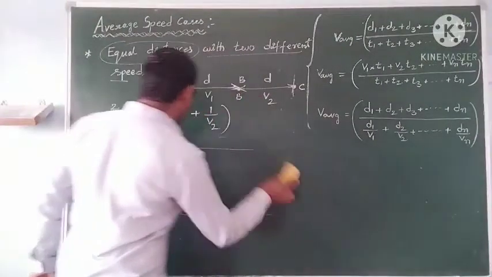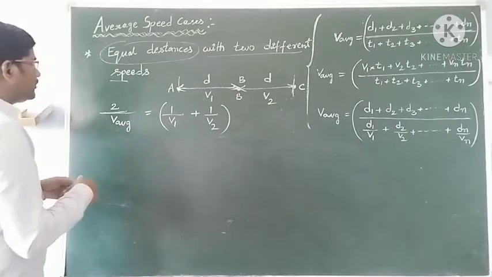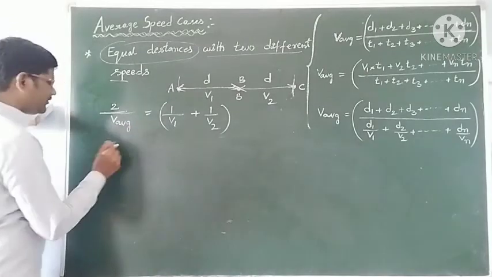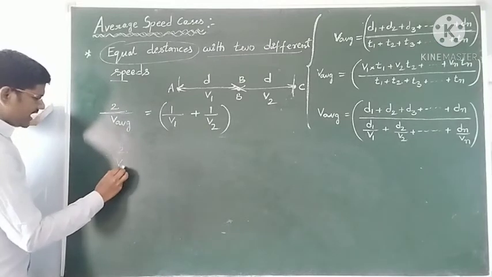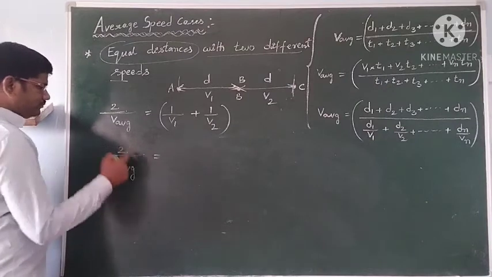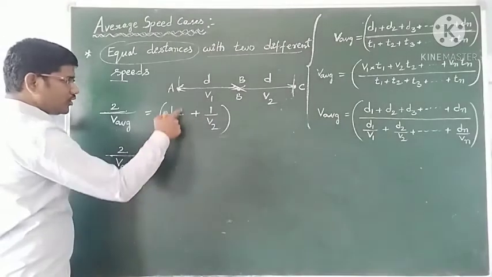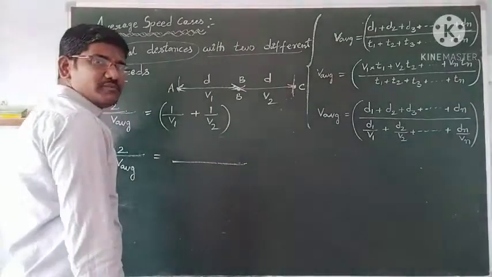So if we have only two equal distances, this is the formula. This can be written as 2 by V average is equal to 1 by V1 plus 1 by V2. I'm taking the LCM.